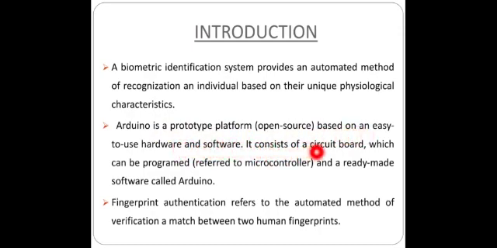It consists of a circuit board which can be programmed, referred to as a microcontroller, and ready-made software called Arduino. Fingerprint authentication refers to the automated method of verifying a match between two humans, because each human has unique fingerprints.